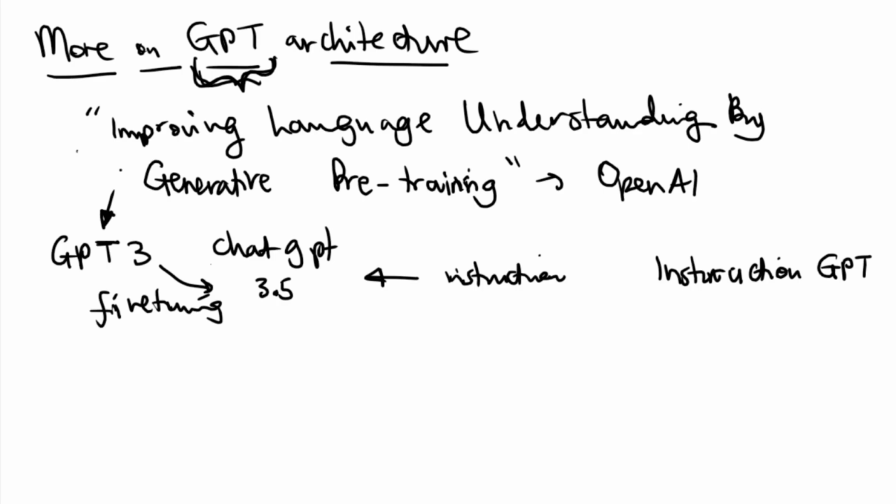The paper was called "Training Language Models to Follow Instructions with Human Feedback." That's when they introduced reinforcement learning from human feedback into the model to create GPT 3.5 with those instructions. And just for people who are curious, I'm going to put their table here from the paper.